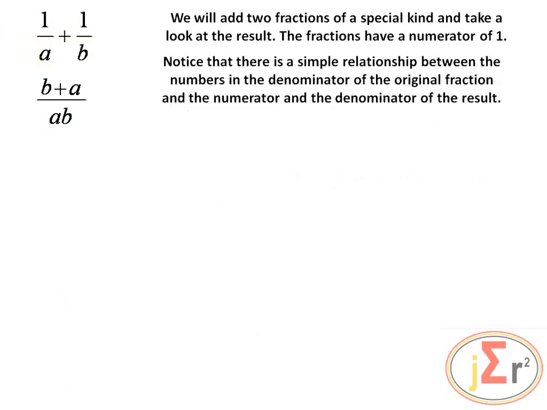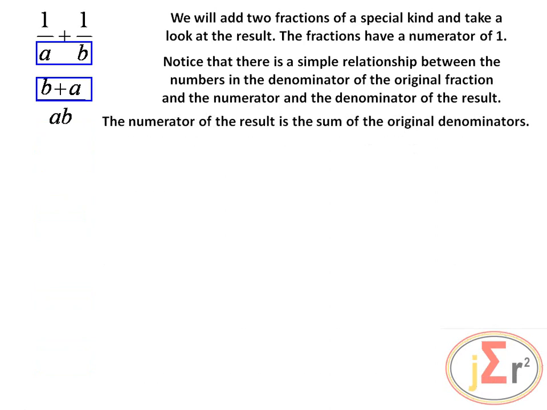Notice that there is a simple relationship between the numbers in the denominator of the original fraction and the numerator and the denominator of the result. So let us take a look at that. There is a relationship between these two, and then these two and these two. And what is that relationship?